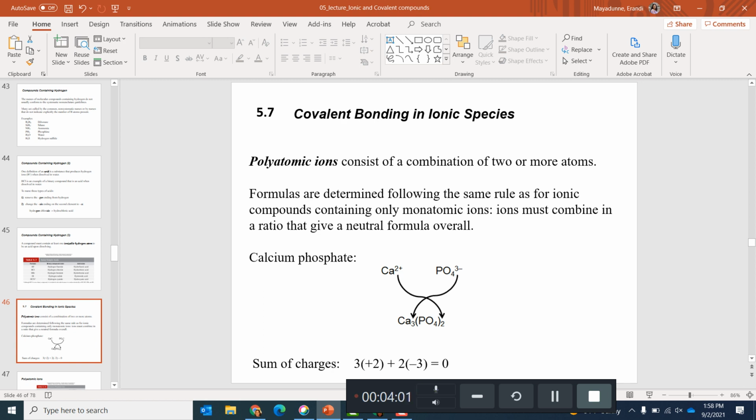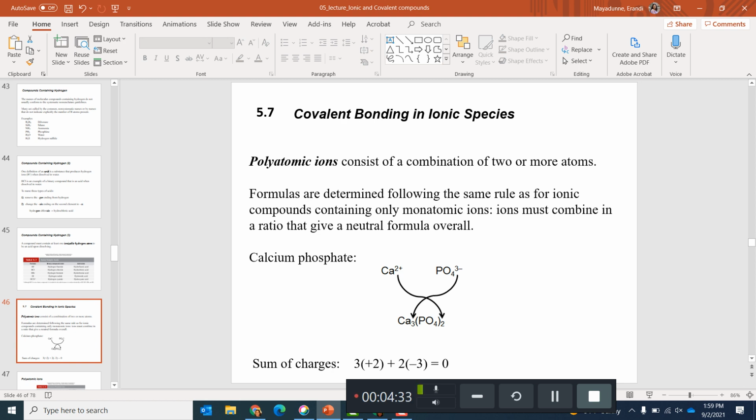Now, we are coming to another section. This is the last section, which is the polyatomic ions. Polyatomic ions, I'm pretty sure you heard about nitrites, carbonates. What are those? Those are polyatomic ions. Poly means more. This ion contains more than one atom, but they work together.